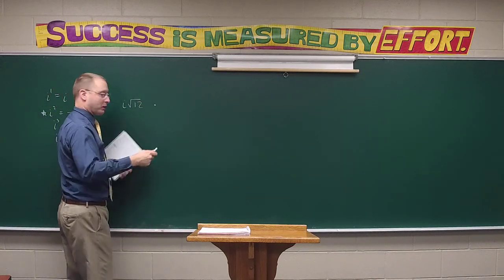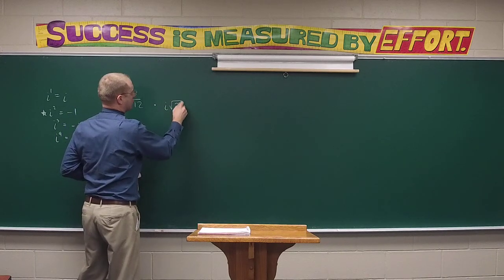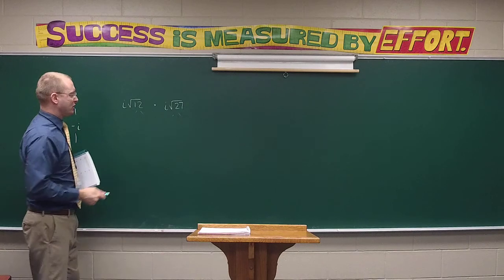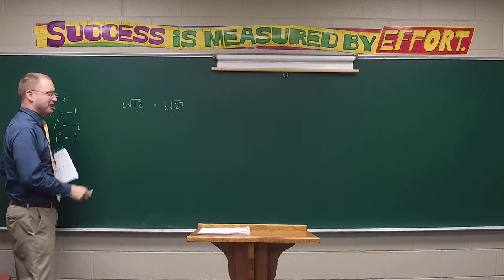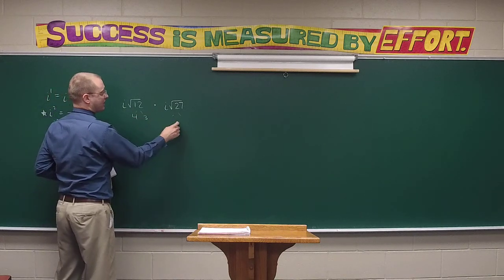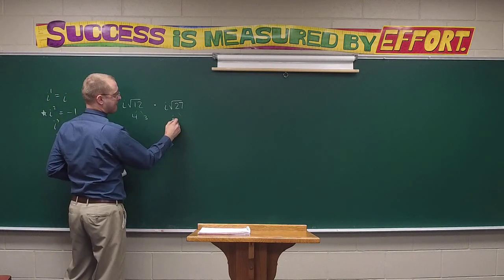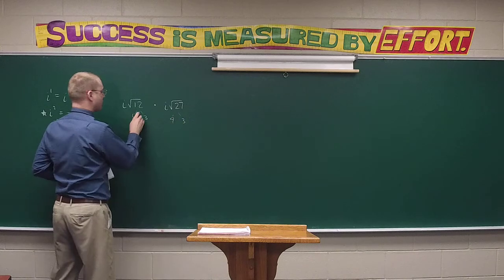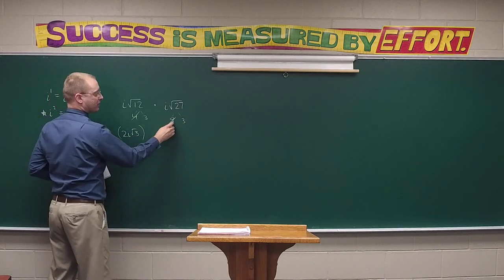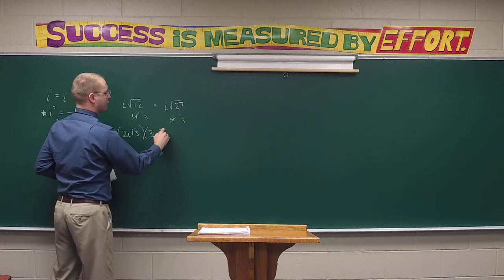The square root of -27 becomes i times the square root of 27. But we could also do a little bit of reducing if we felt so led. We didn't have to necessarily, I guess. 4 and 3, and then here 9 and 3. So I could take to get 2i square root of 3 times 3i times the square root of 3.